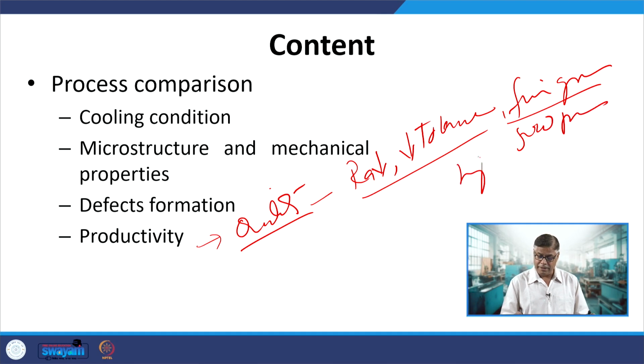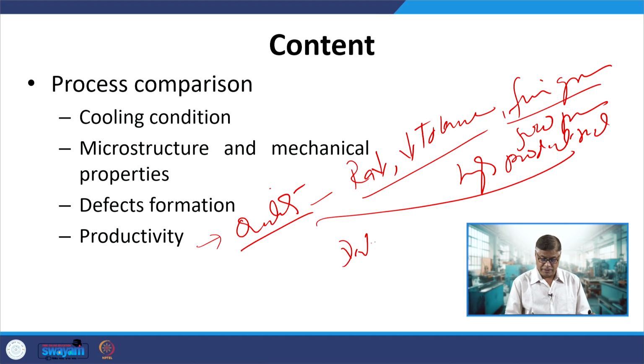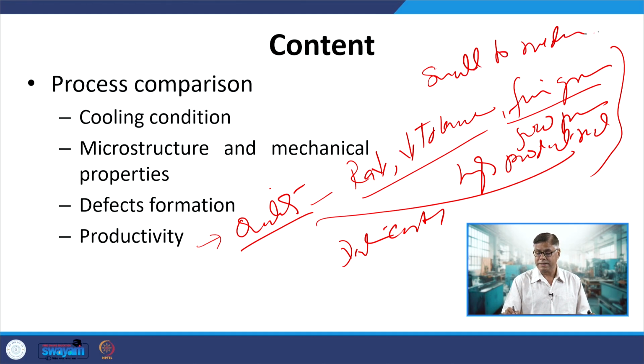High production rate is also observed with die casting. But this is particularly used for small to medium size castings, say from a few grams to a maximum of 30-40 kg.